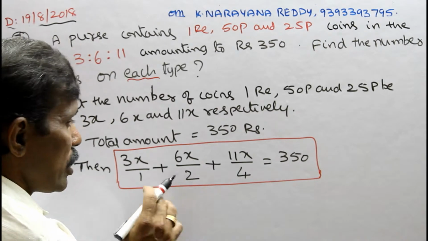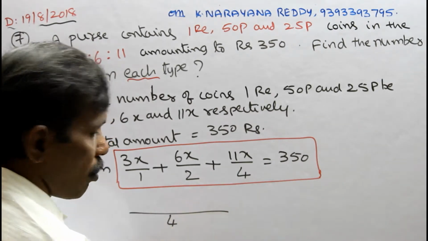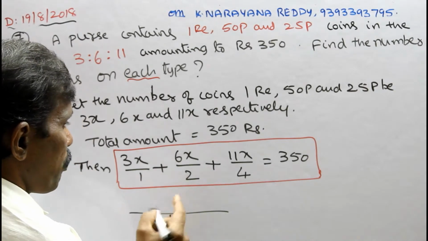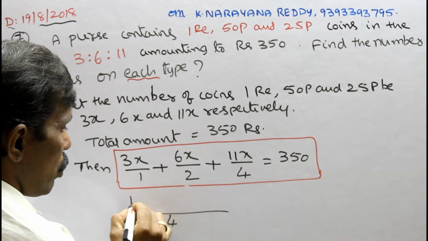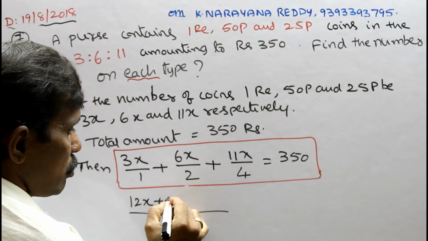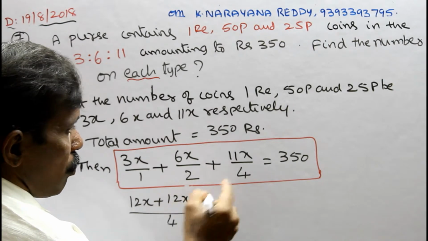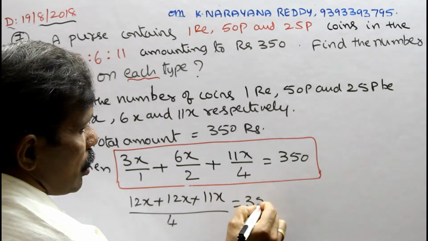So whenever you get this idea, this plan, you can get the answer easily. Okay. What is the LCM now? LCM is nothing but 4. 4 means what? 4 1s are 12x plus 2 2s are 4, 2 6s are 12x. 4 4 cancel, 1 into 11, 11x equals 350.